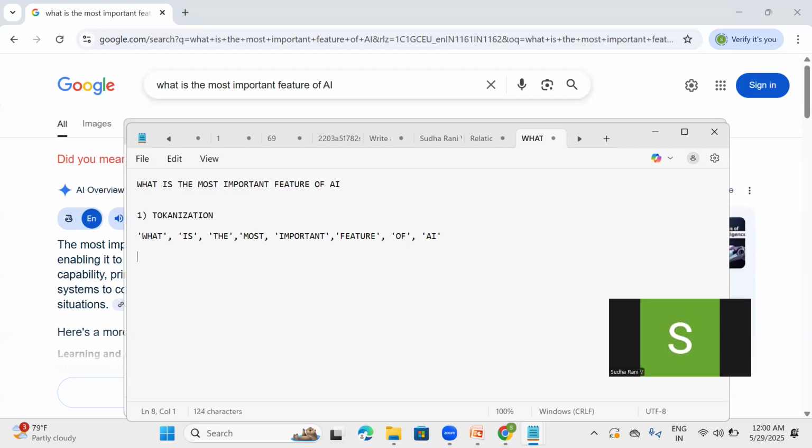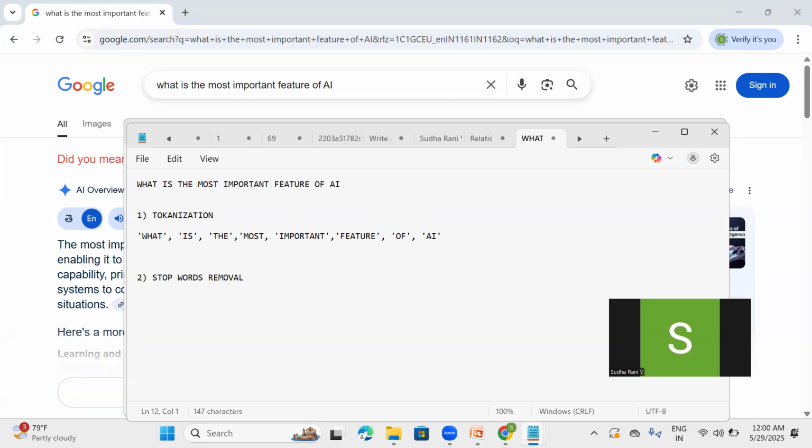Next, stemming and lemmatization, that is normalization. But before normalization, let us do the stop word removal.